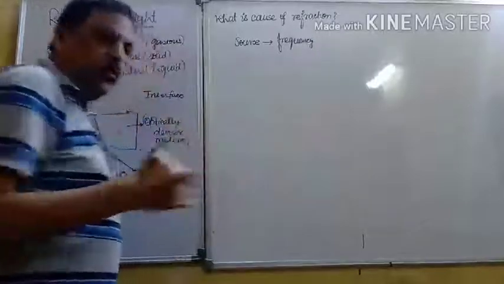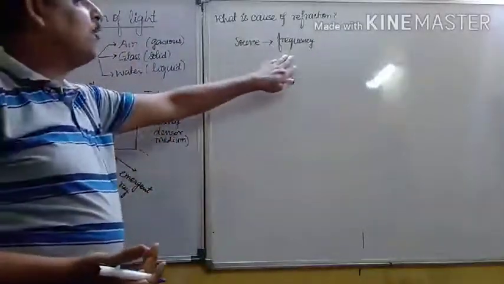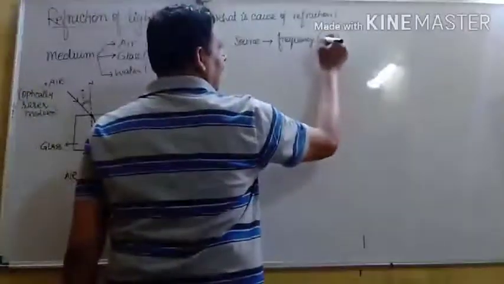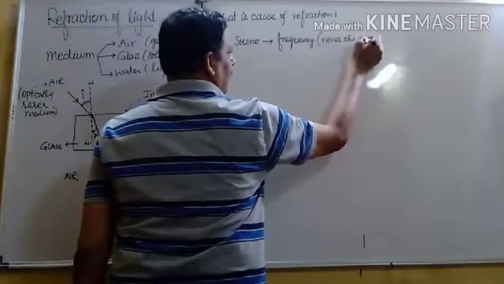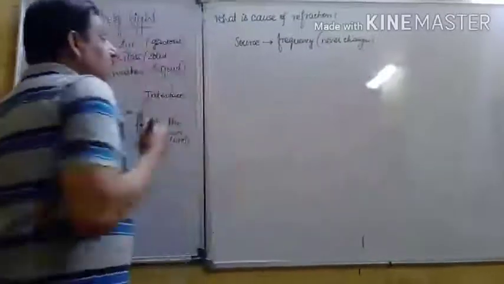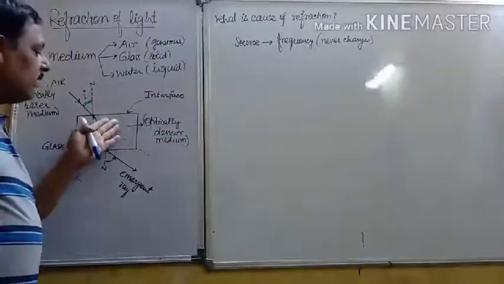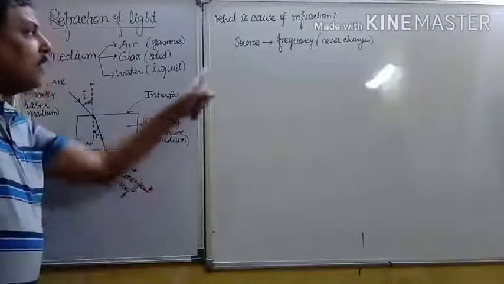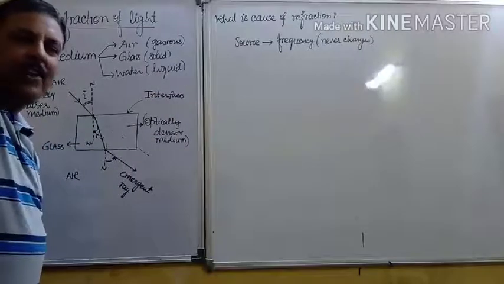The source has its own frequency, and this frequency never changes. Whether this light goes from air to glass, glass to liquid, liquid to air, whatever, this property of the source will never change.